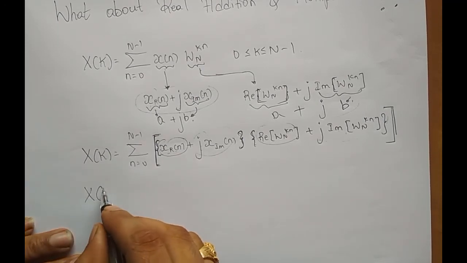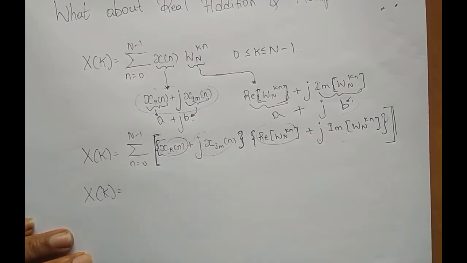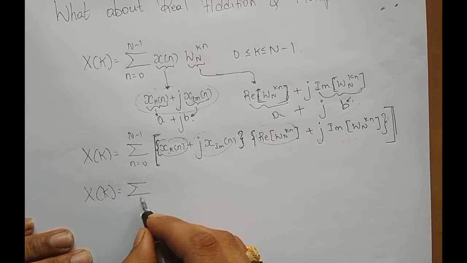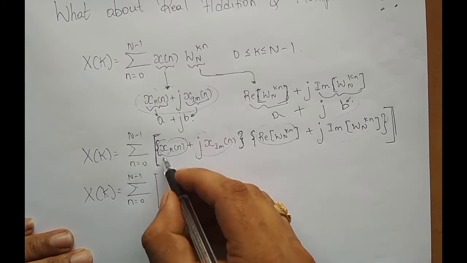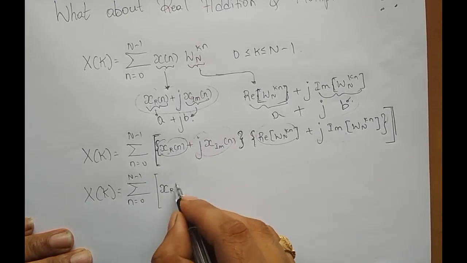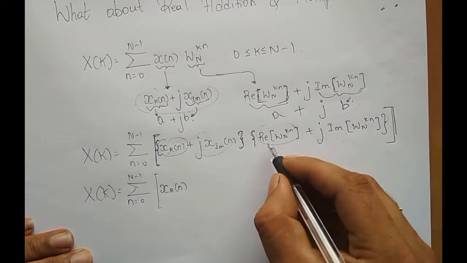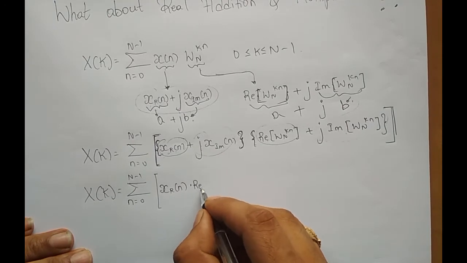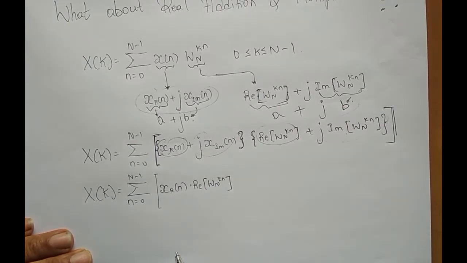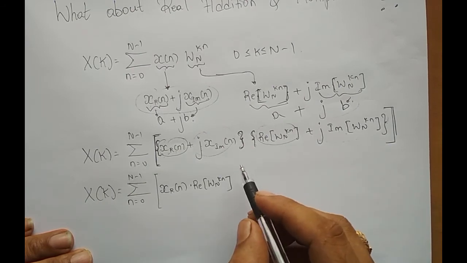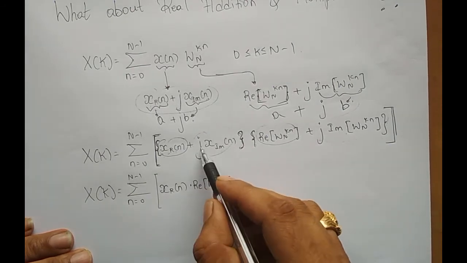So x of k is equal to summation. Let me just keep it outside for time being. So this x real of n multiplied with this into real part of wn power kn, one term, right? And let me just multiply this with this.